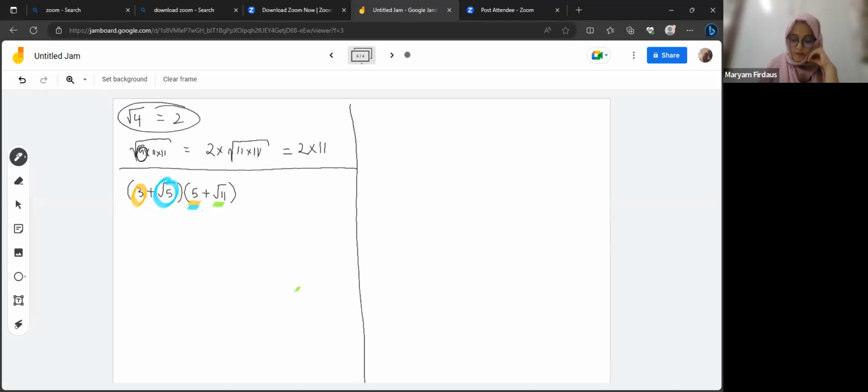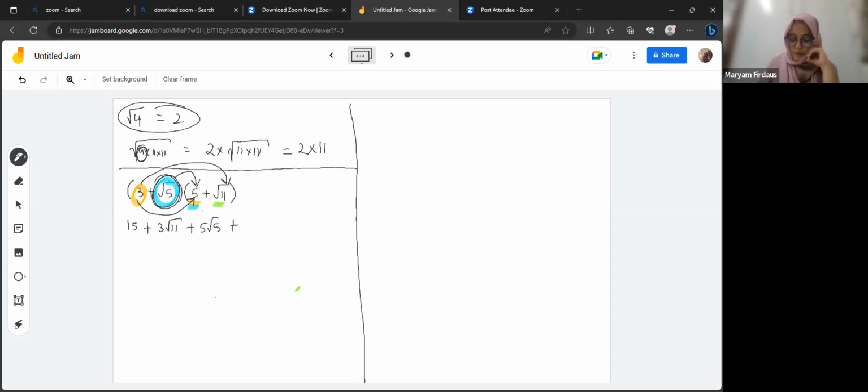So first, 3 multiplied by 5. What is 3 multiplied by 5? 15. Then 3 multiplied by root 11 is 3 root 11. Then root 5 multiplied with 5 is 5 root 5.